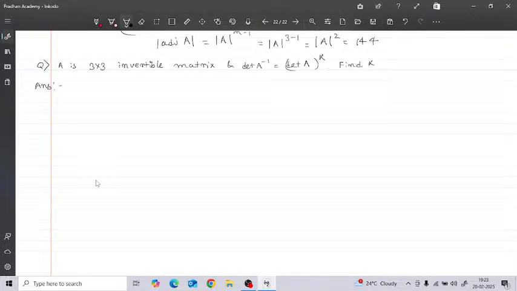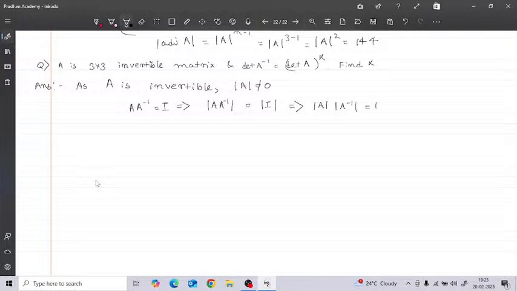Answer: as A is invertible, so determinant is non-zero. A times A inverse is equal to the identity, we know that. Then determinant of A into determinant of A inverse equals 1.